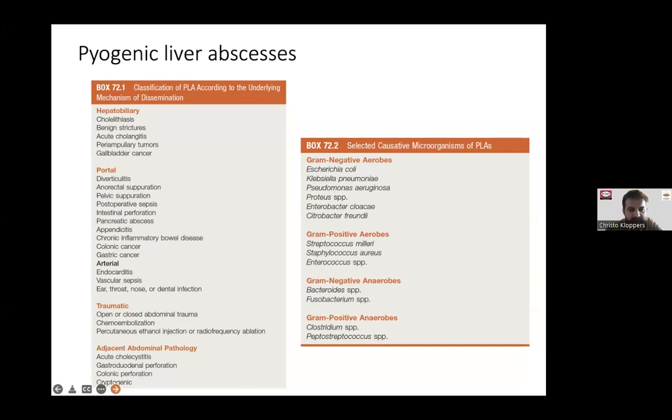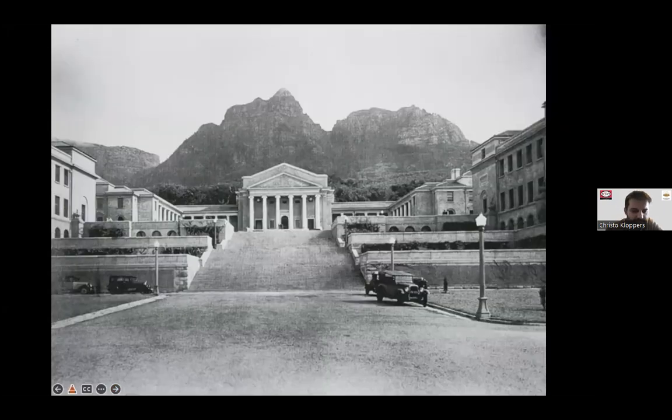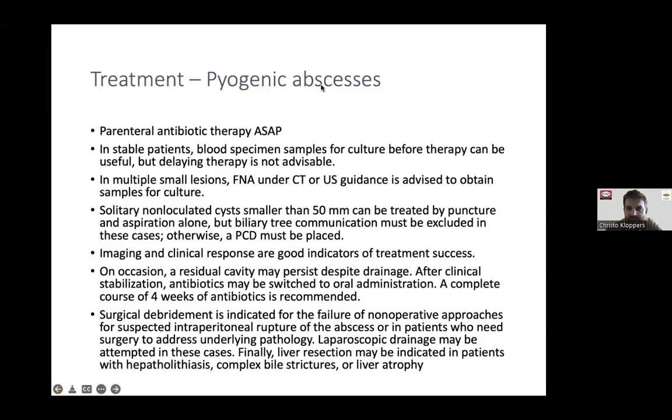In terms of surgical treatment of pyogenic abscesses, obviously antibiotic therapy ASAP. In stable patients, you're going to do some cultures.